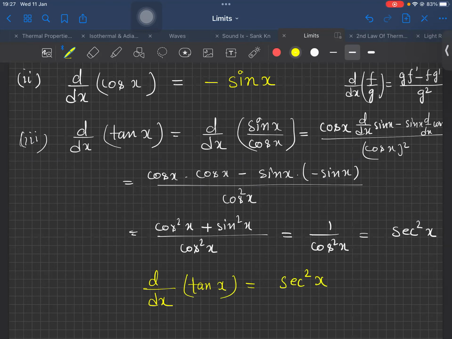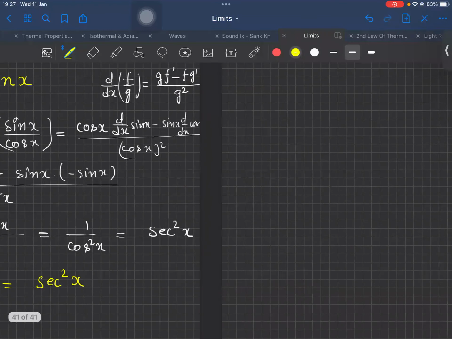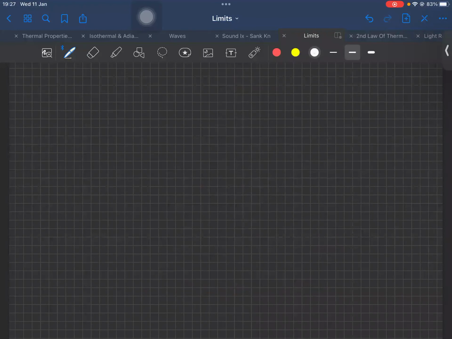Yes. So if in the problem you are asked to find the differentiation of tan x, you may know the answer, but you have to prove it. You can prove it like this. Similarly, your homework will be to find the differentiation of d upon dx of cot x.